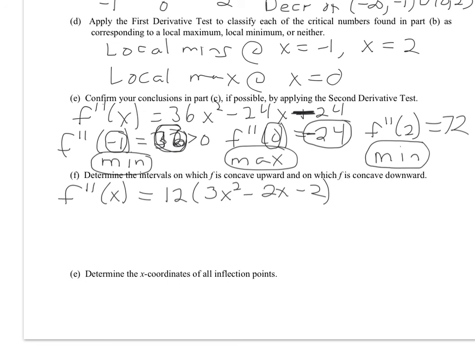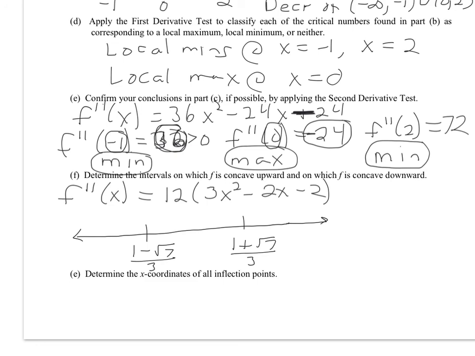It turns out that if you set that quadratic equal to 0, so if you set 3x squared minus 2x minus 2 equal to 0, you will discover that it is equal to 0 at 1 plus root 7 over 3 and 1 minus root 7 over 3.